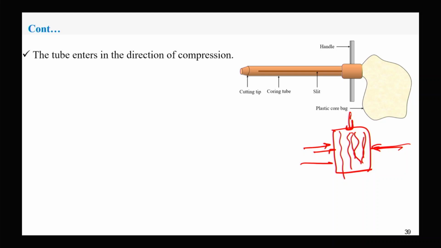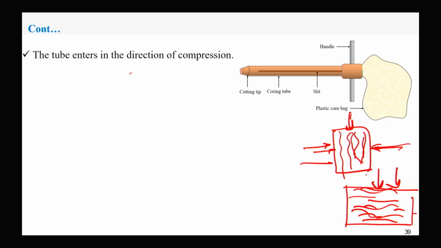Suppose we are making the bale: these are the fibers, and they are compressed in this fashion, and the coring tube penetrates from the top. That is the direction we need, perpendicular to the layers of fleece, so that the fibers are cut.